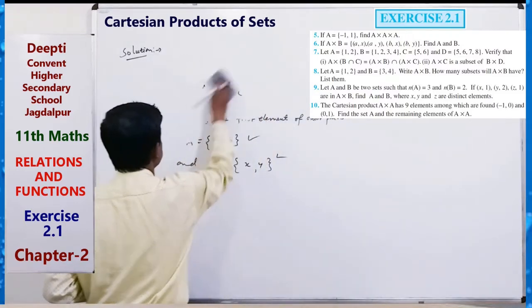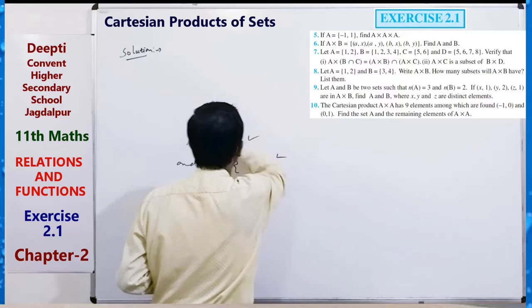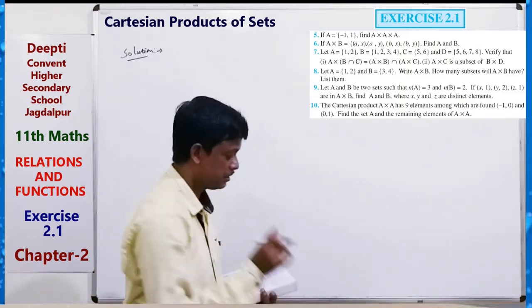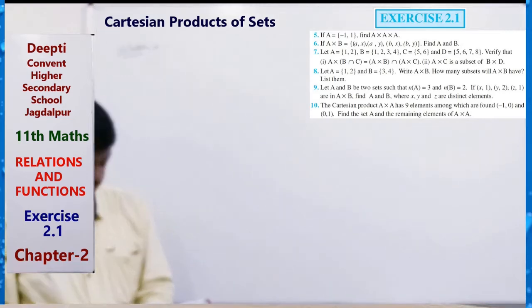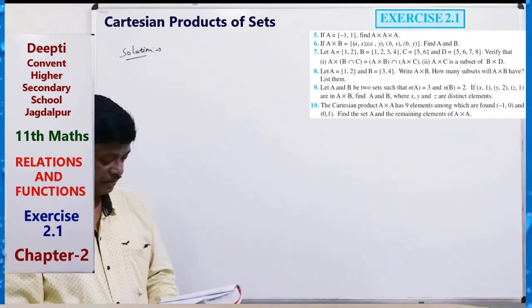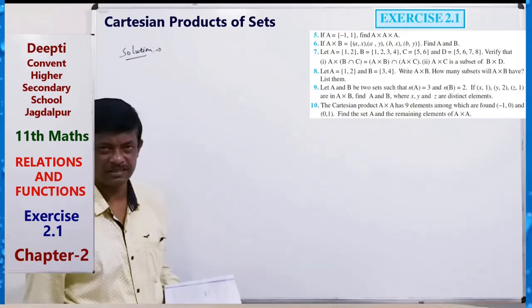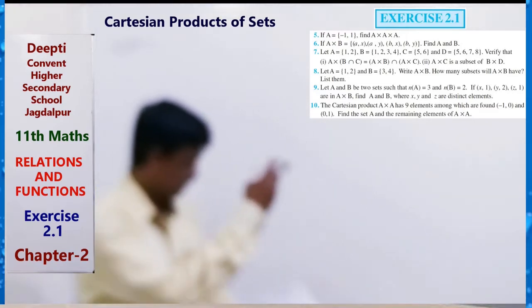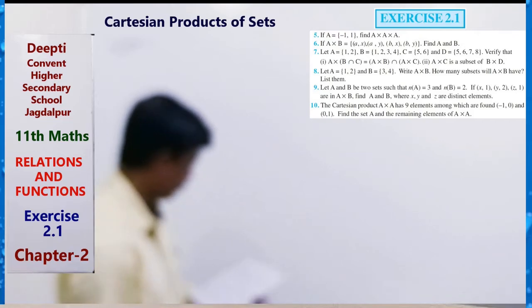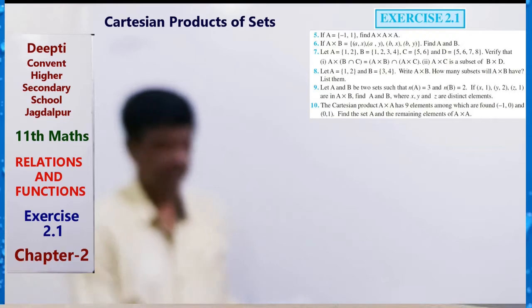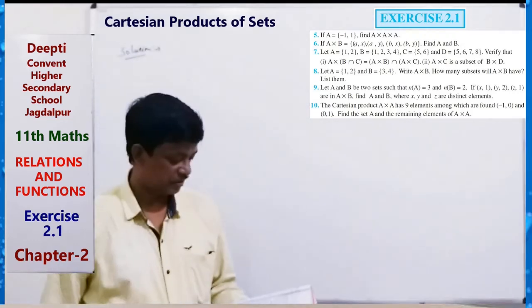Now question 7. You have to do it in your copy for your practice. Very simple questions. Question 7: Let A = {1, 2, 3}, B = {1, 2, 3, 4}, C = {5, 6}, D = {5, 6, 7, 8}. 4 sets are given.